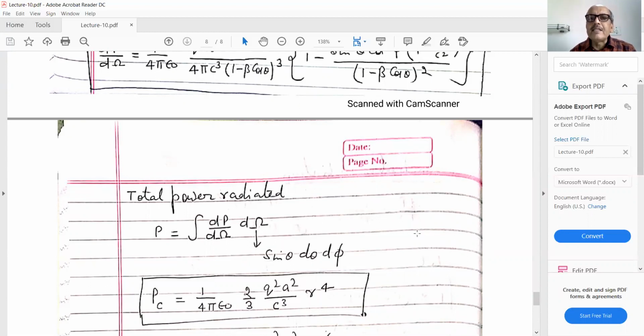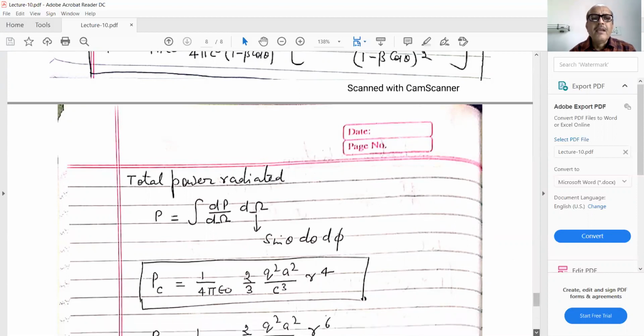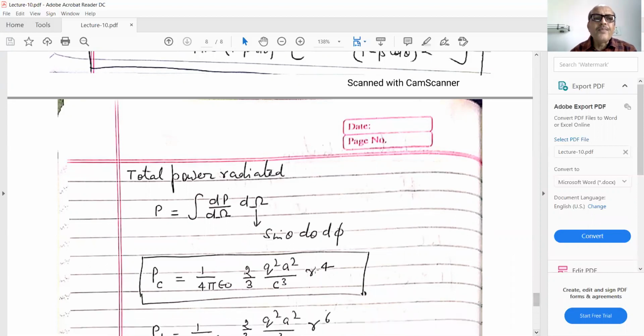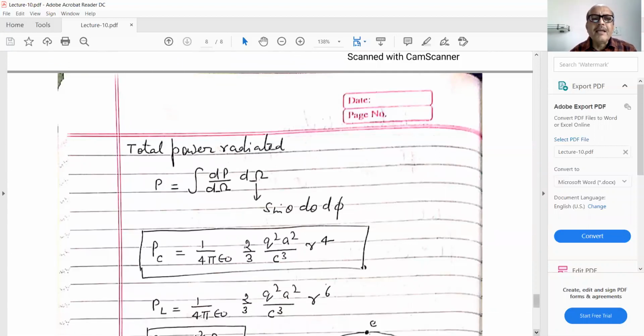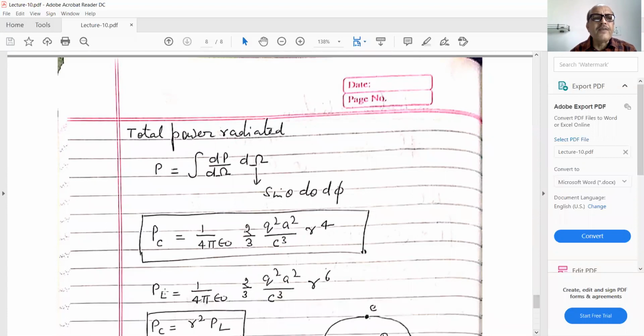If you make the integration, I have not made it because it's a long mathematical exercise, the power in cyclotron radiation will come out to be 1/(4π ε0) · 2/3 · q² a²/c³ into γ to the power of 4. Gamma to the power 4 will appear, as in the case of circular.